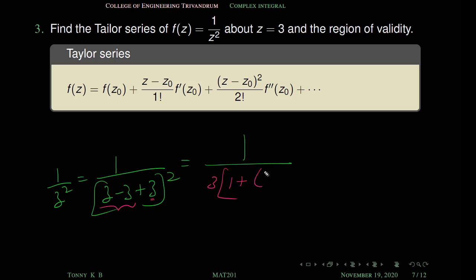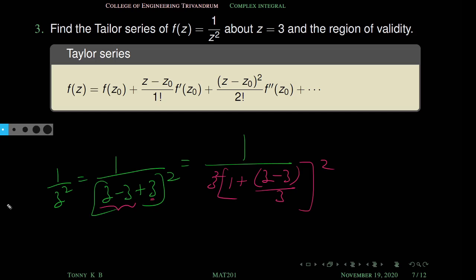Since there is a square sign, taking this 3 outside, this becomes 3 square. So we get 3 square into 1 plus, the first term becomes z minus 3 by 3, whole square.